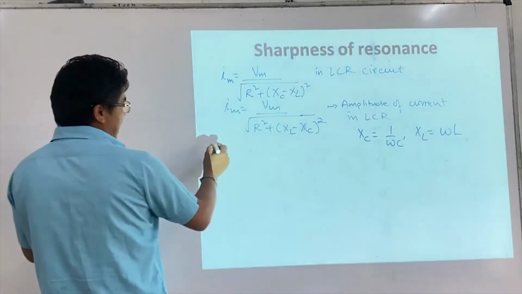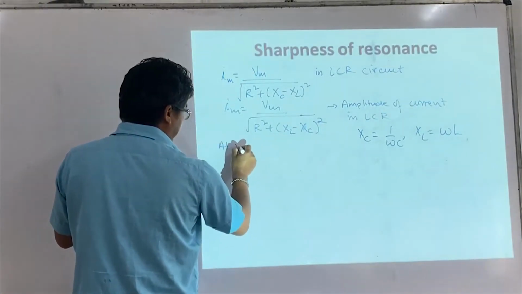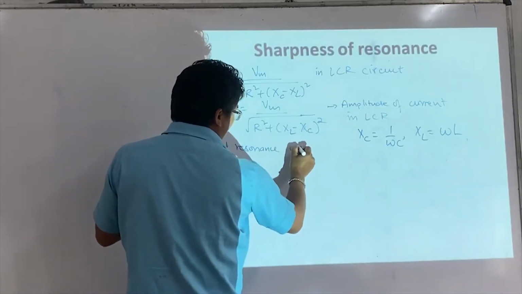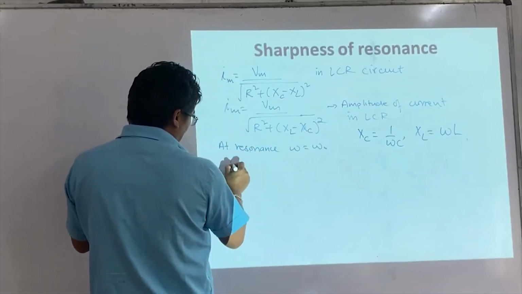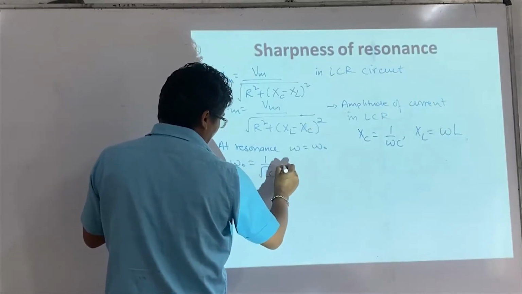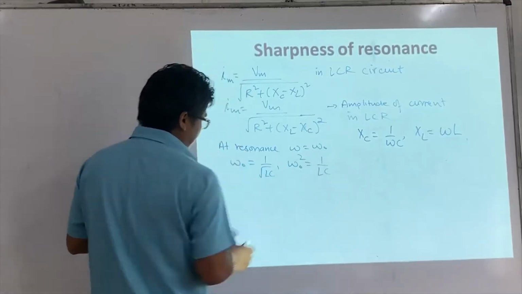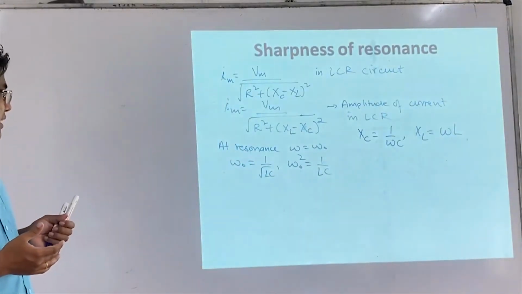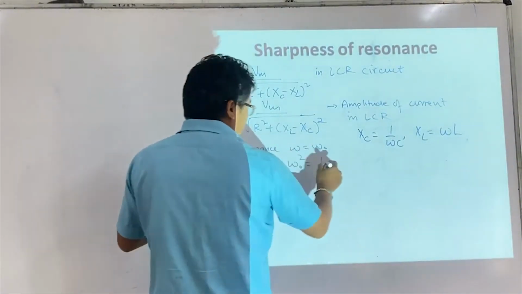At resonance, Xc is equal to XL, omega is equal to omega naught, where omega naught is equal to 1 by root of LC, or omega squared is equal to 1 by LC.